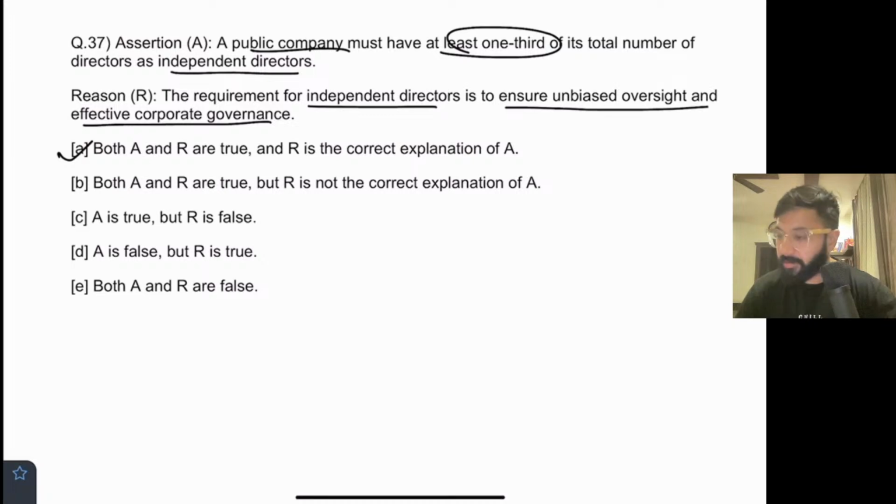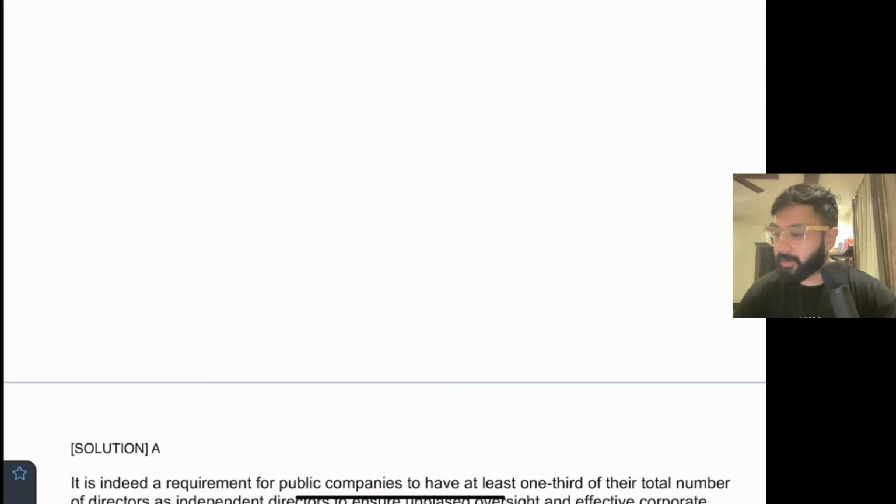Both are correct. The answer is option number A. आगे चलें. Let's move to the next question.